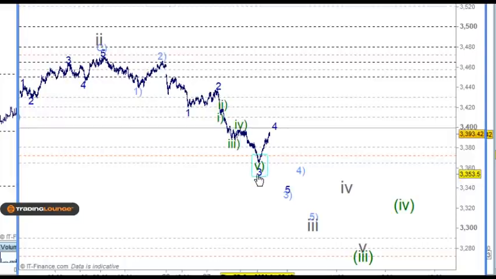So what I was thinking, about this wave 4 here and this wave 4 here, is that if this is going to be bearish here, then we don't really want to find support on the 3400 here. We would see it move up here, and maybe it can go a bit higher and so on, but in a nutshell, we'd want to see it not find support on the 34 and then move down again.